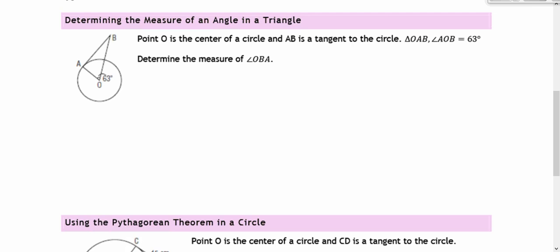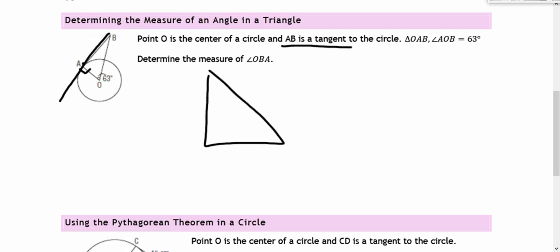So if we want to determine the measure of an angle in a triangle, if we know these properties, the nice thing is that we can claim that right here we have a point of tangency A, and AB is tangent to the circle. So we can extend this line, and we know that we should have a right angle. If I draw this out outside of the circle, suddenly this question becomes a lot easier.